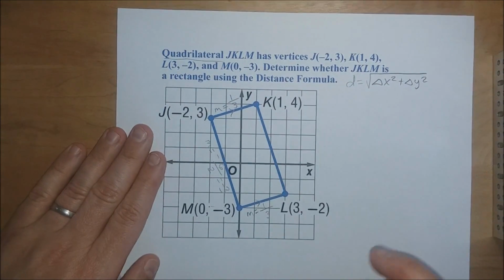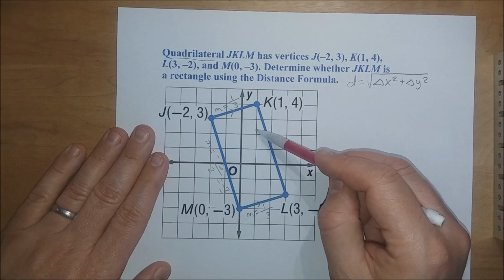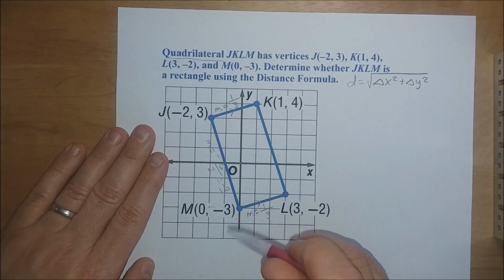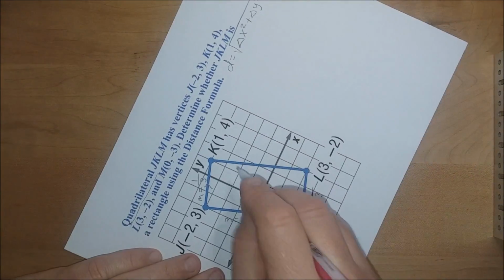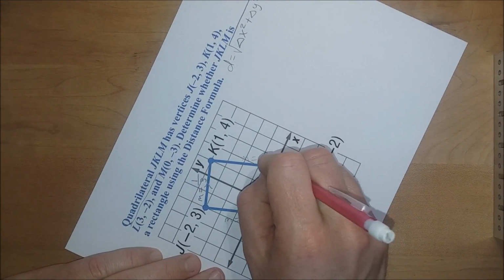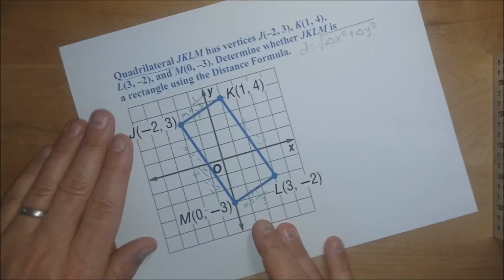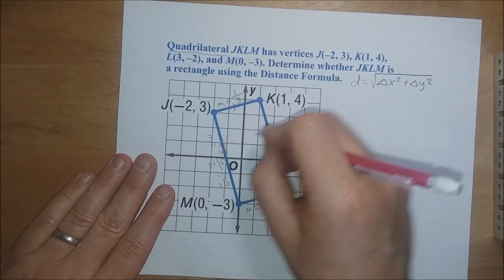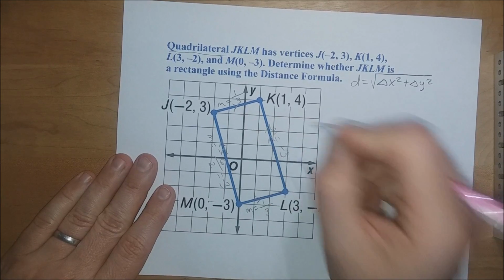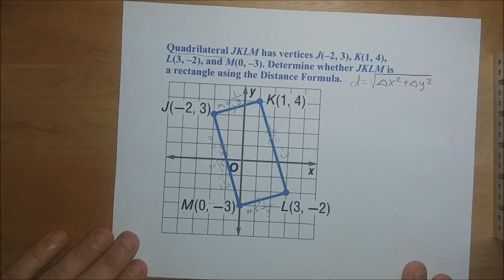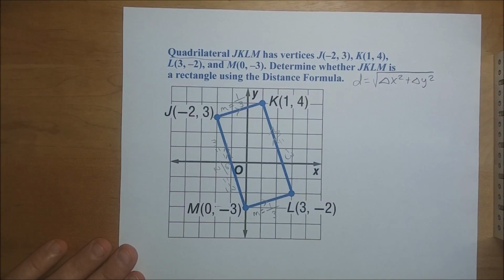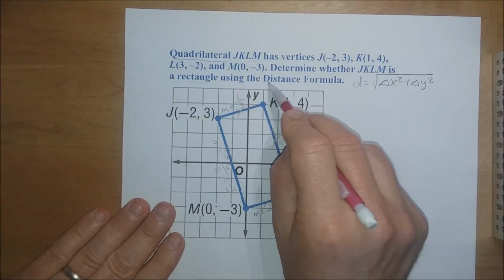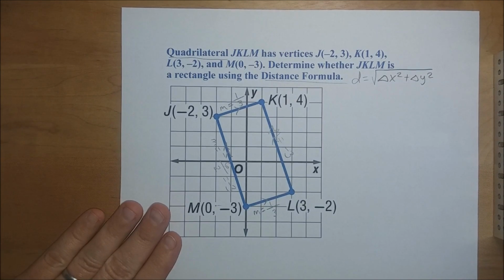Let's check going from K to L. I go down 1, 2, 3, 4, 5, 6, and then over 1, 2. So that is also a slope of -3. So I'm confident now that this is in fact a parallelogram. So could it be a rectangle? It might be. How do I prove or disprove that this is a rectangle now using the distance formula?